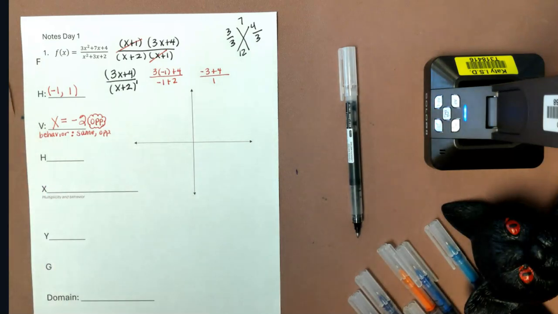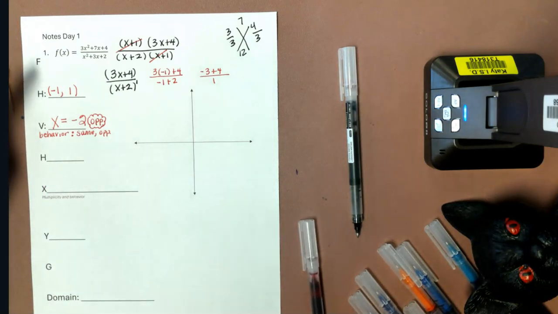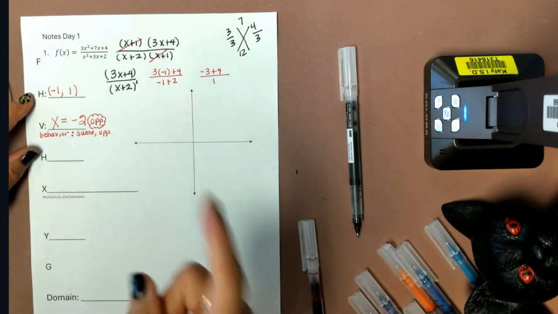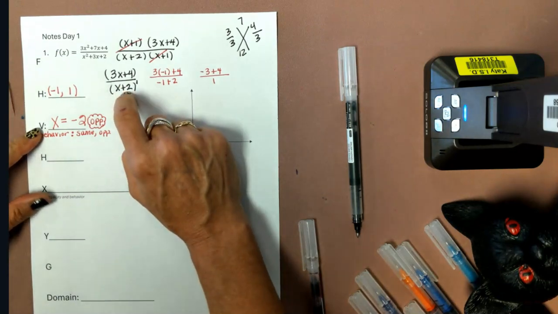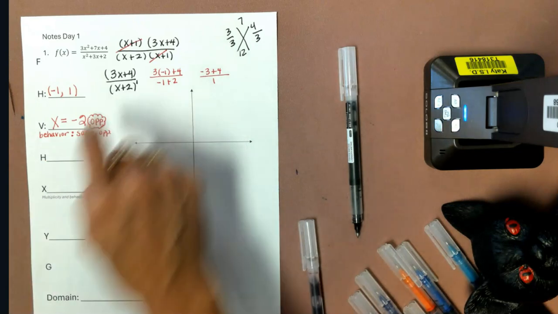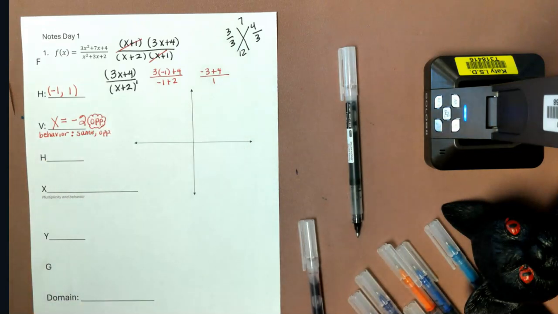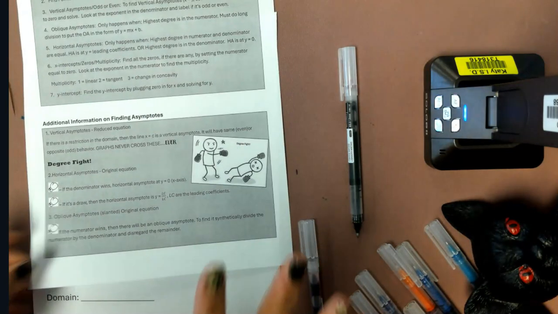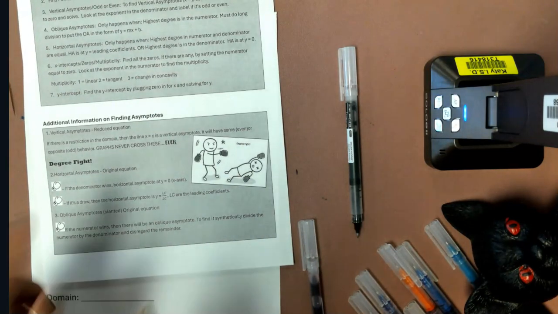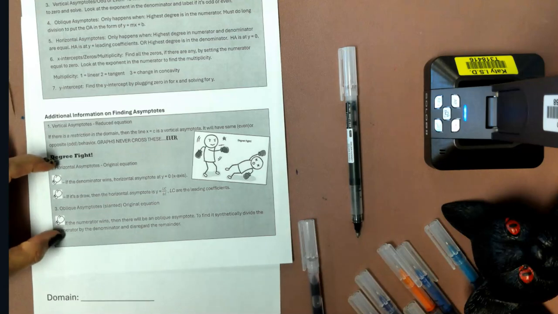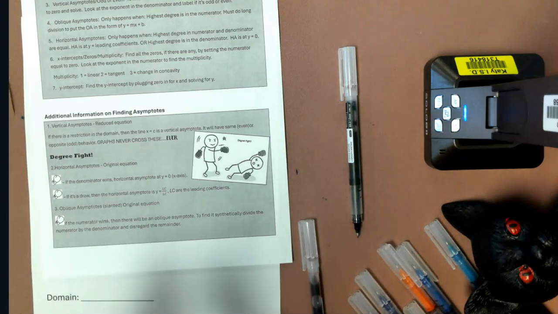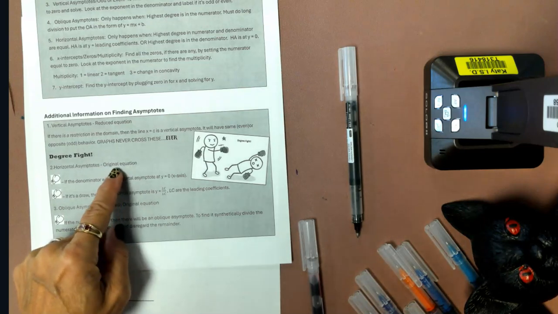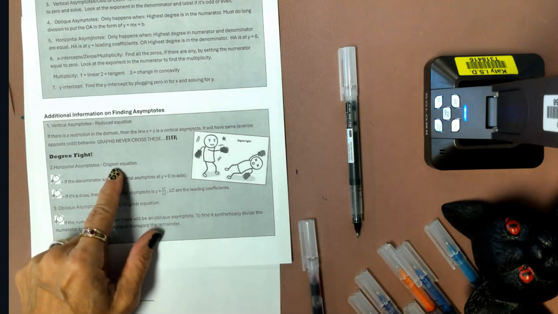As you can see, we have several steps. All right, factor, check. Hole, found it. Vertical asymptote, we determined it from the bottom. Now we're going to talk about the horizontal asymptote. And that's the degree fight. So determining what to do if there is a horizontal asymptote, I am going to look at this piece right here. When you determine if there is a horizontal asymptote or not, we always go back to the original equation.